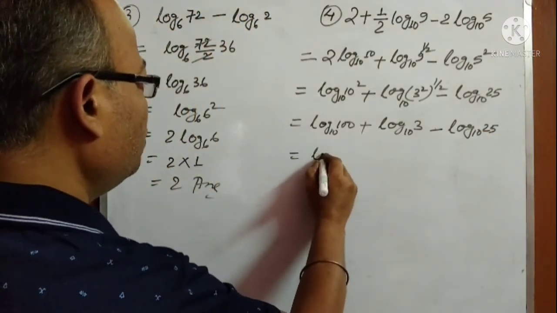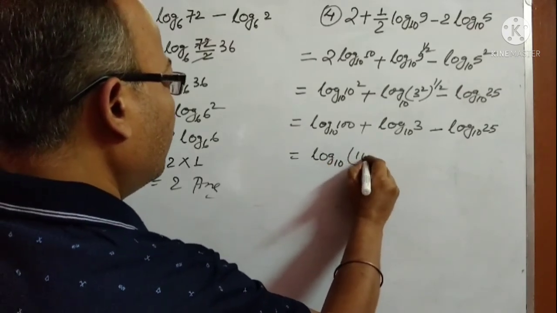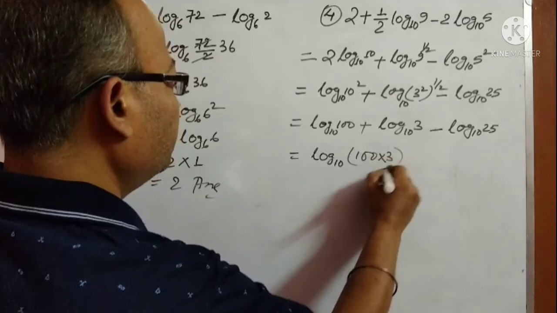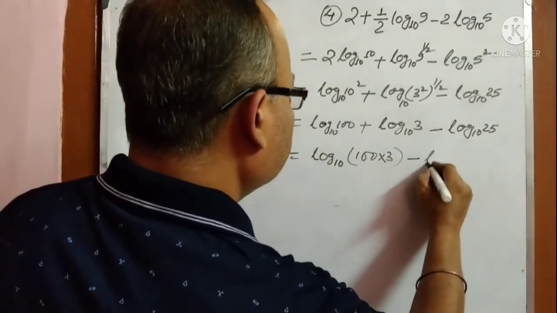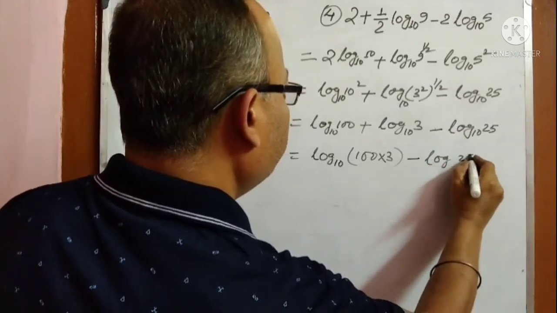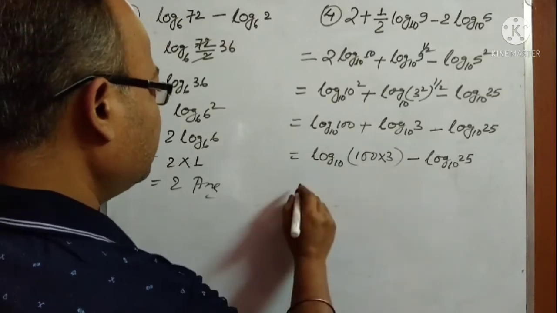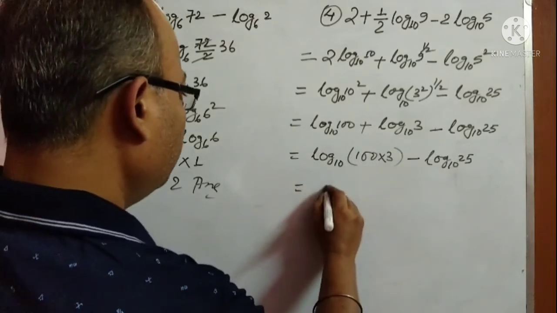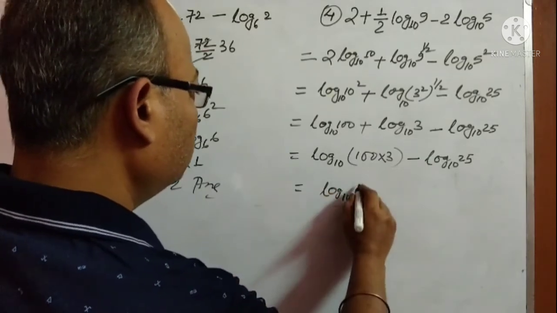Now again this one you can write as log 100 into 3, your product law, minus log 25 to the base 10. Now apply your quotient law.